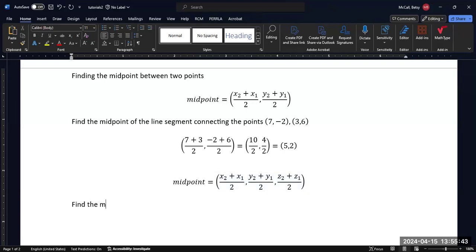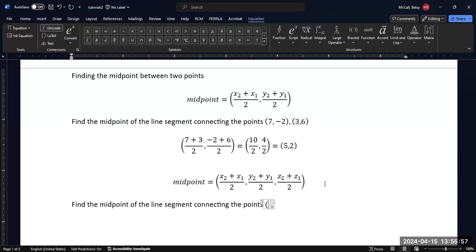So find the midpoint of the line segment connecting the points (-1, 5, -4) and (4, 2, 11).